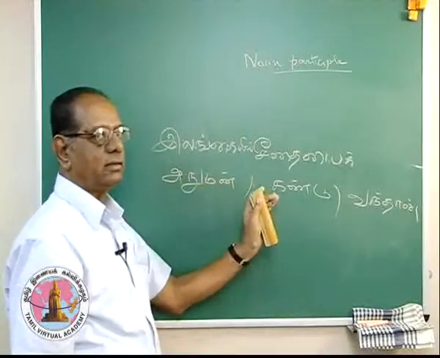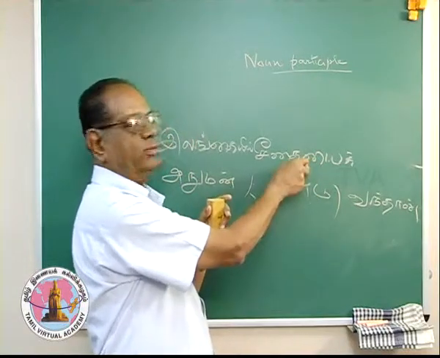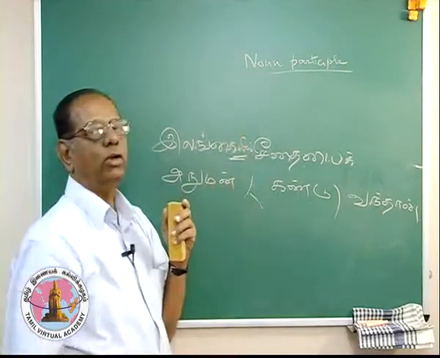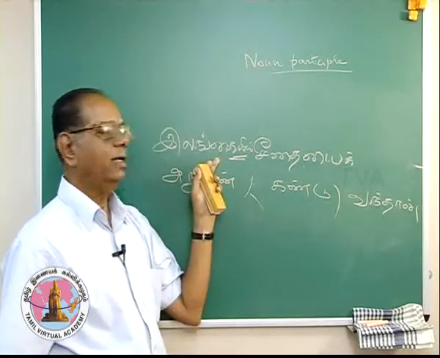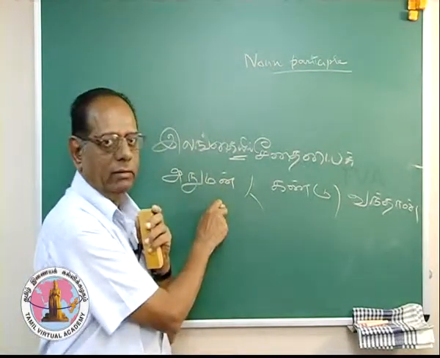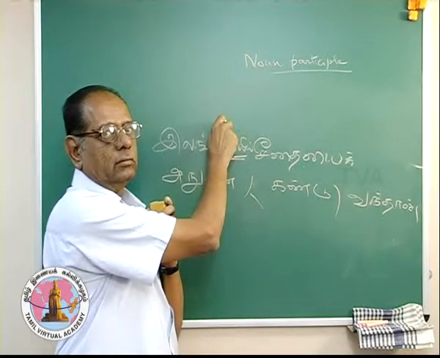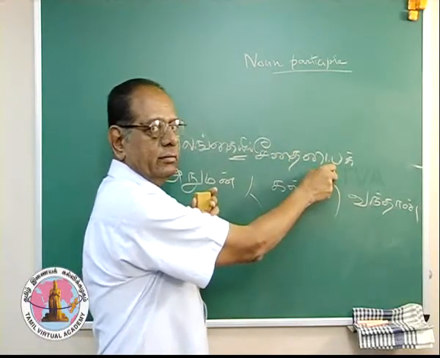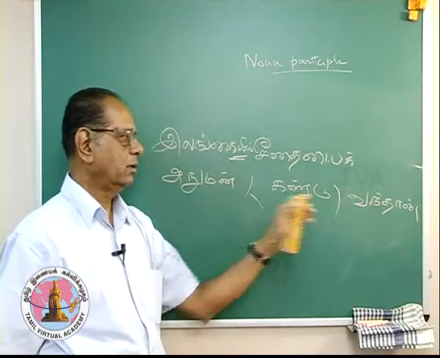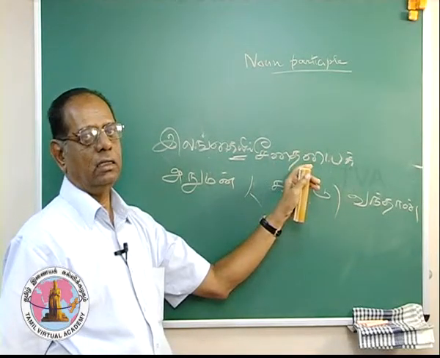Here is a complete sentence: subject, verb, verbal participle, object, and the location, because it carries the locative case marker. Ilangai is the Tamil name of Sri Lanka. Hanuman came back having seen Sita in Sri Lanka.